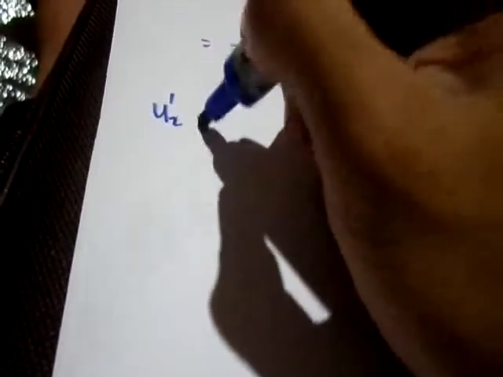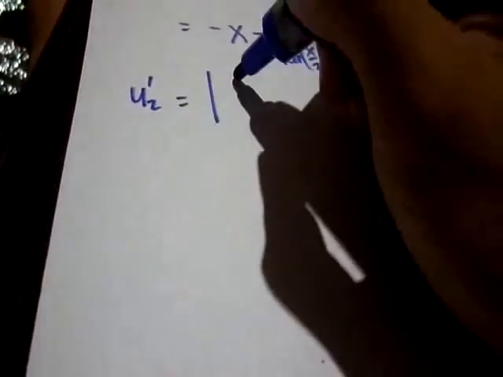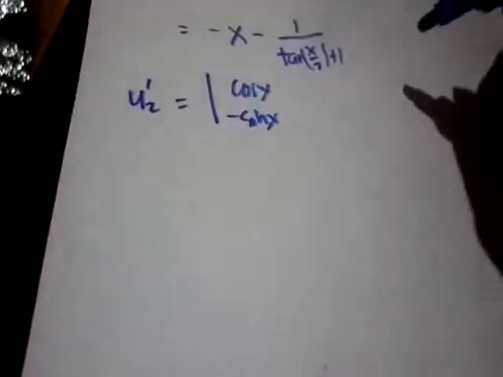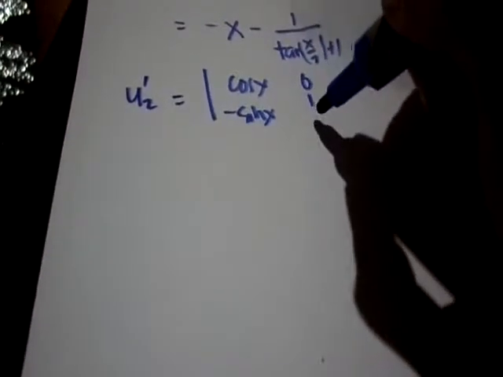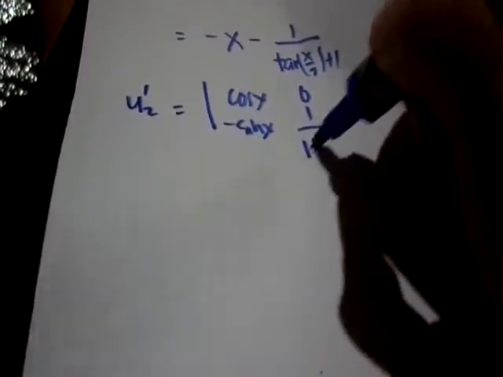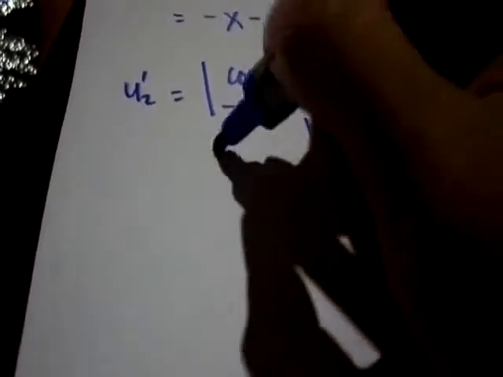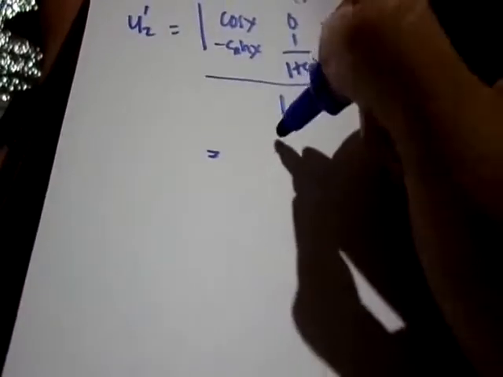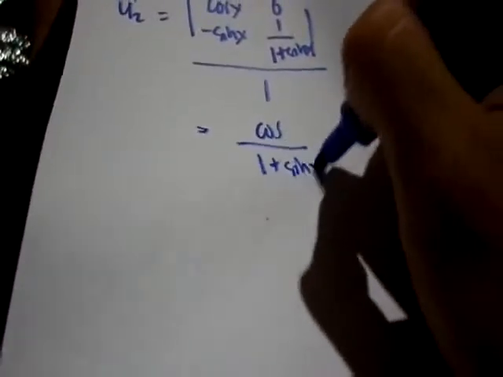Next, we need to solve for u2 prime, which is equal to the determinant of cosine x, negative sine x, 0, 1 over 1 plus sine x, all over 1. So it is equal to cosine x over 1 plus sine x for u2 prime.